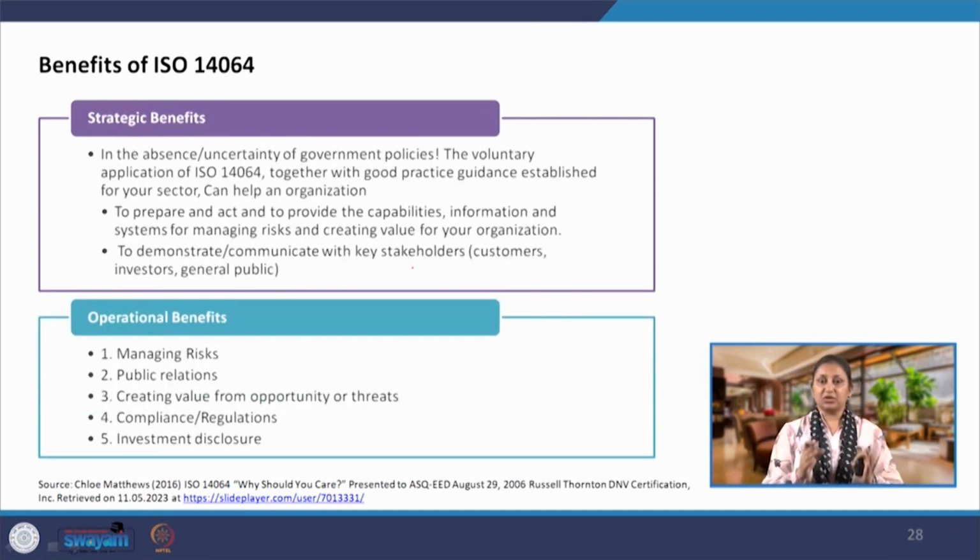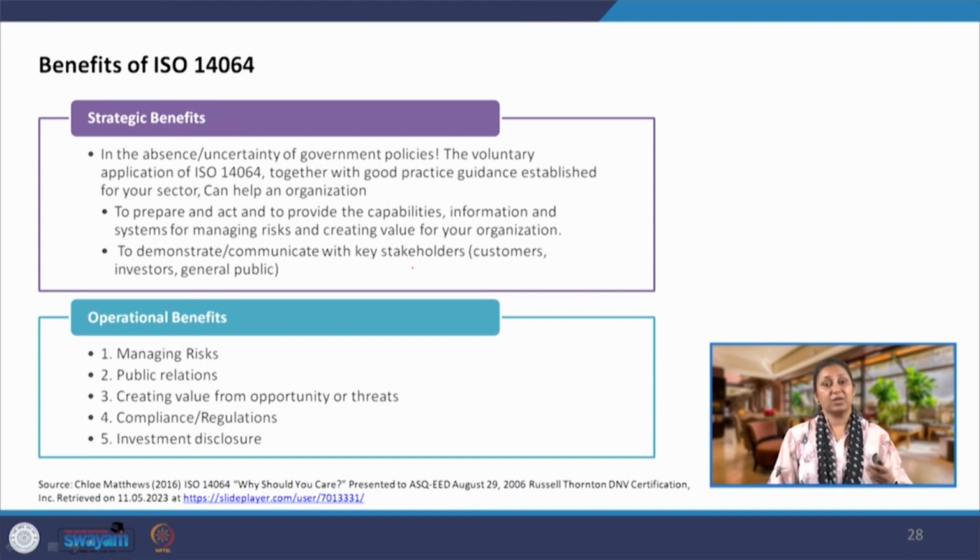Strategically, we are looking at the voluntary application of 14064, which will help in reducing greenhouse gas emissions even when there is a lack of government policies. As an international standard, even when individual national or subnational governments have not been able to frame policies, this standard is going to help organizations, including smaller organizations, to voluntarily apply this code, reduce their greenhouse gas emissions, and also report.